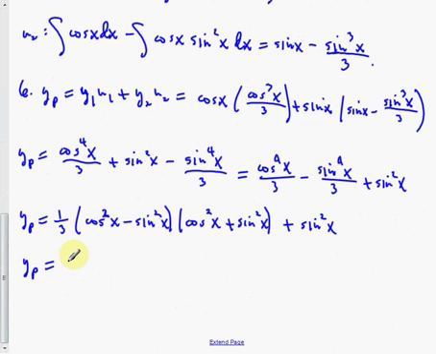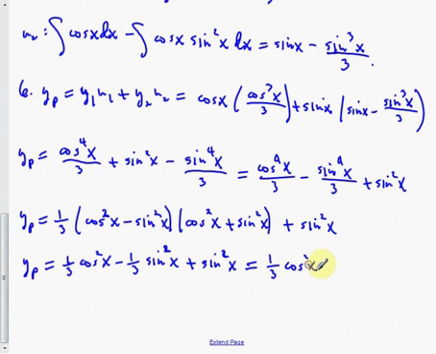Well, we get here 1/3 cosine square x minus 1/3 sine square x plus sine square x. You know the cosine square plus sine square is just 1, right? And we simplify that, just one last step here. 1/3 cosine square x plus 2/3 sine square x.